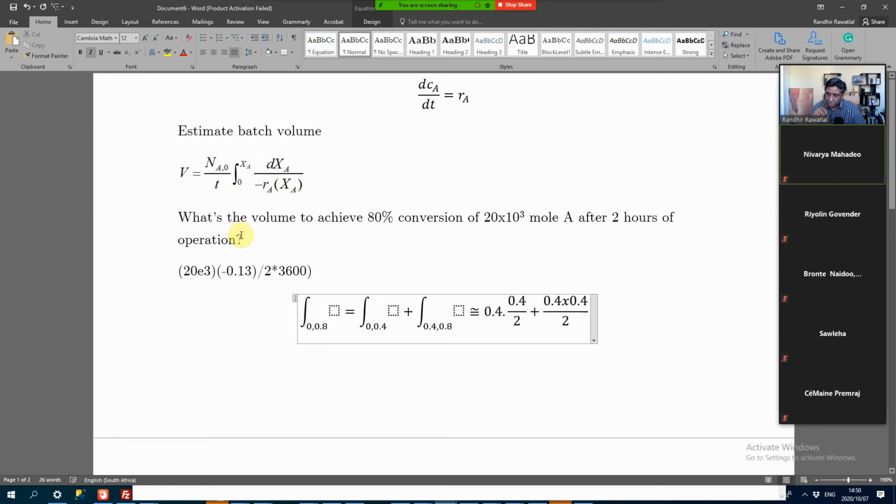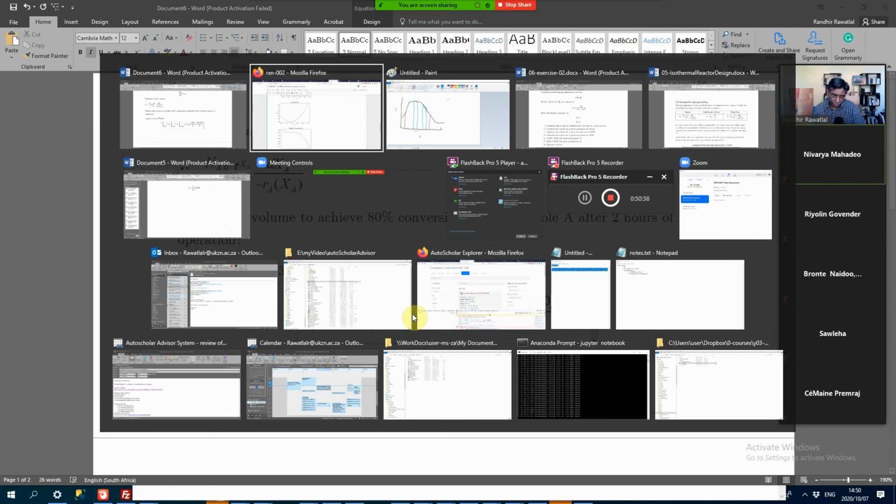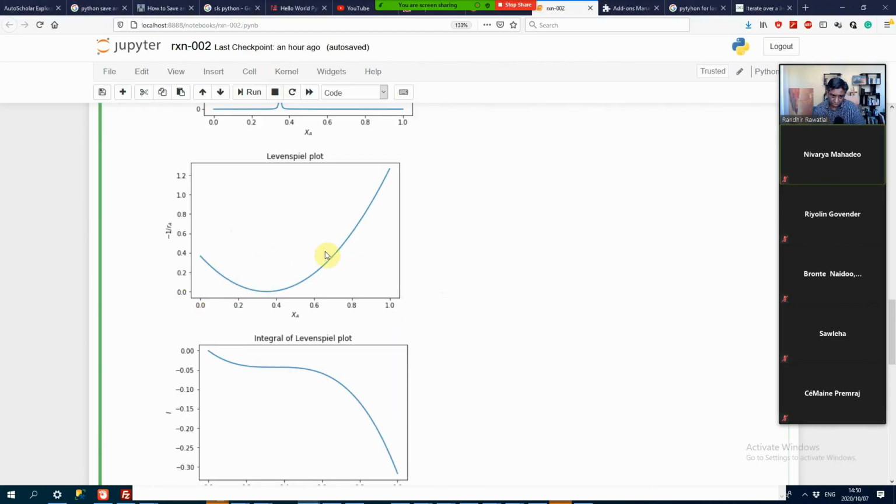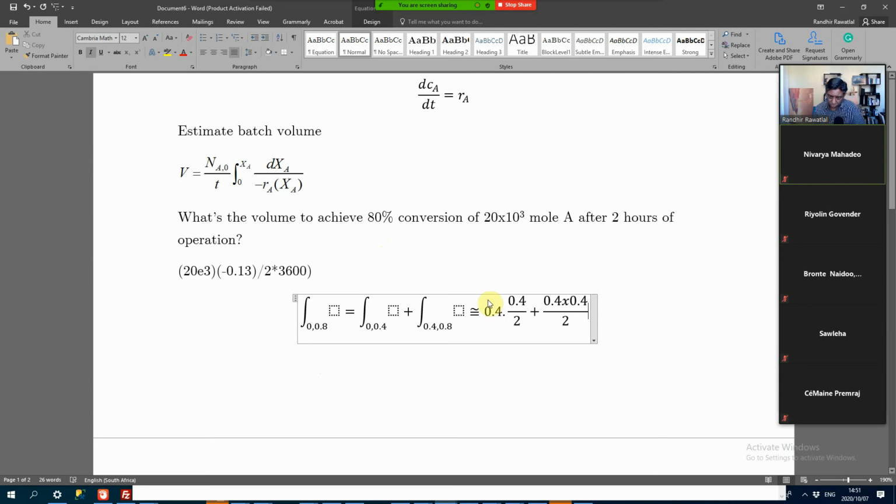Don't waste too much time on integrating this accurately, because clearly you can always write code and do it very accurately. You can do it to nth decimal place. So it's pointless in a test or an exam trying to get a very accurate number for this. So you'd rather break up the integral, show that you have a good appreciation of how to quickly and easily estimate an integral, and that's all you need to do.